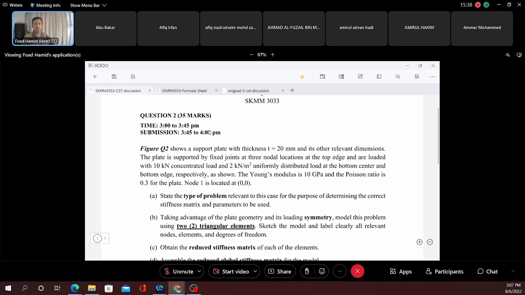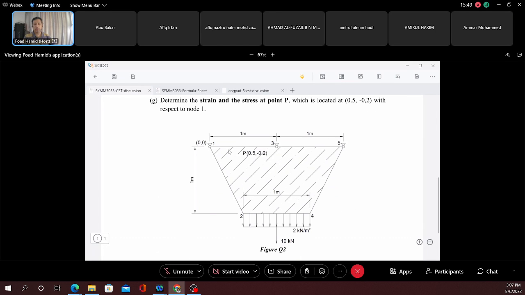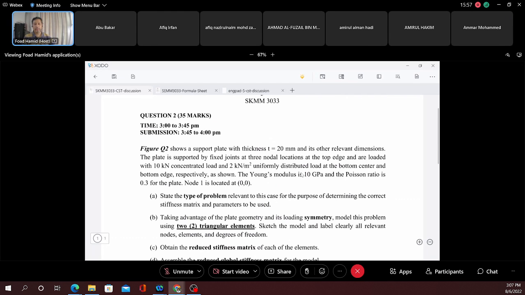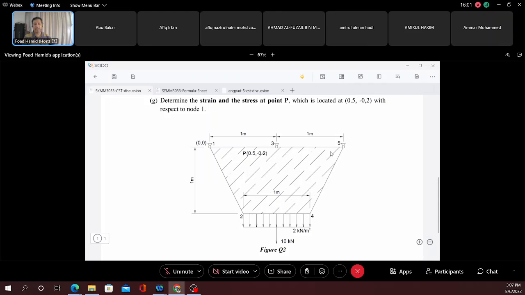In this question, it says figure Q2 shows a support plate with a thickness of 20 mm. The plate is trapezoidal in shape, and the other dimensions are all in meters: 1 meter, 1 meter, 1 meter, 1 meter.